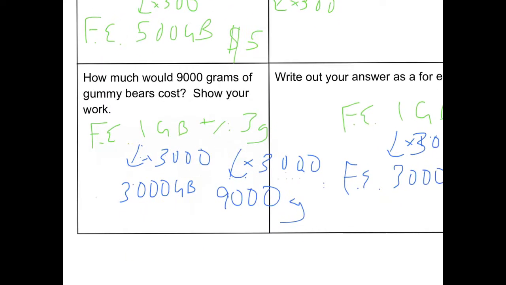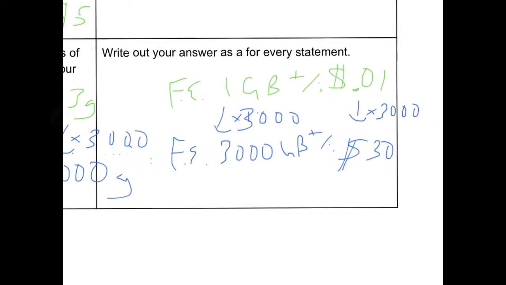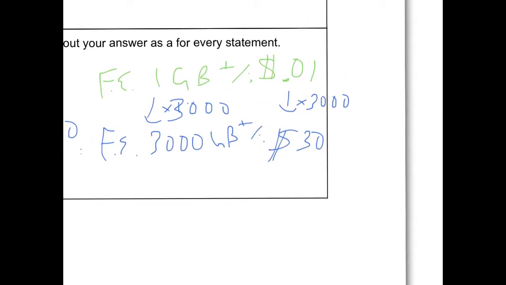So I just pop that in there. 1 gummy bear is 3 grams, and I want 9,000 grams, which is 3,000 gummy bears, because 3 times 3,000 is 9,000. 1 times 3,000 is 3,000. I got a little bit more work to do here, because that's not the answer I was looking for. I don't know how much money it costs, so I know that for every 1 gummy bear there was a penny. I'm going to multiply by 3,000 for 3,000 gummy bears. And I got to multiply that penny times 3,000, and that comes out to be $30.